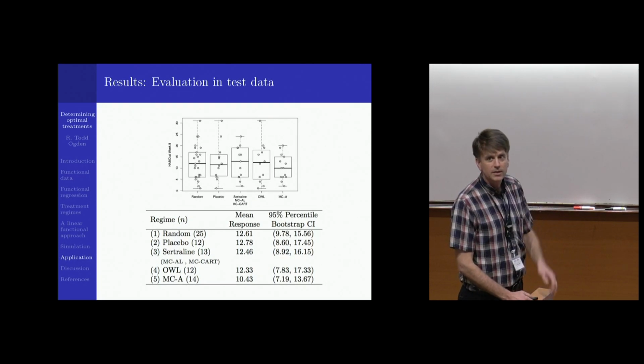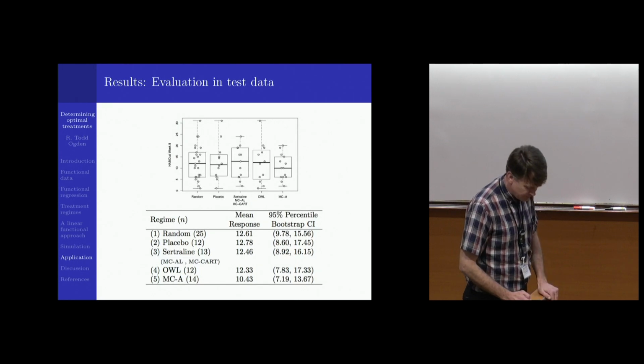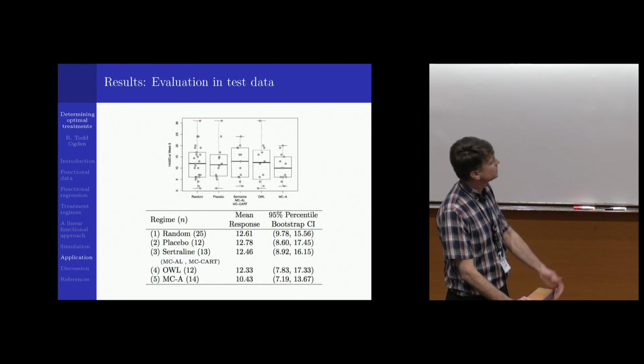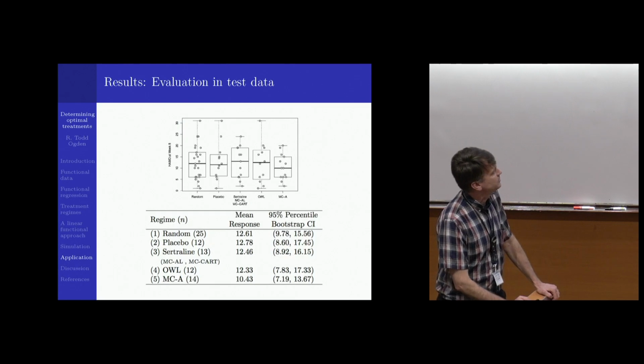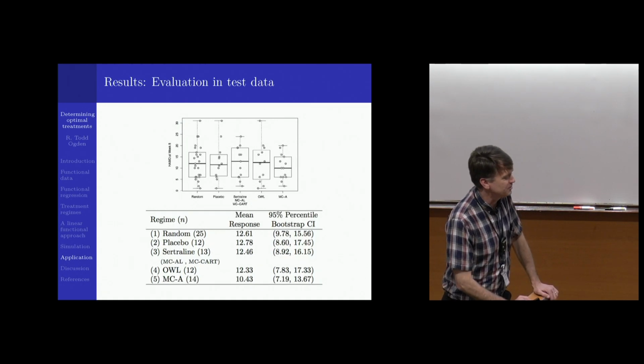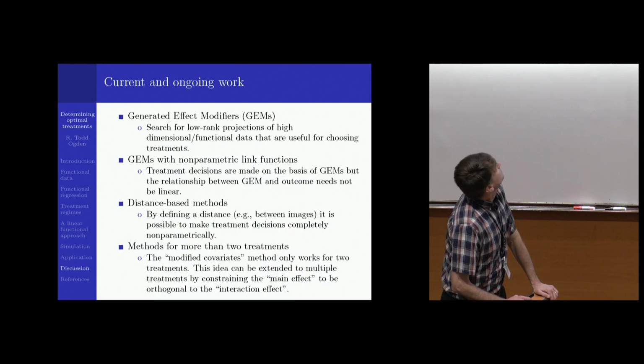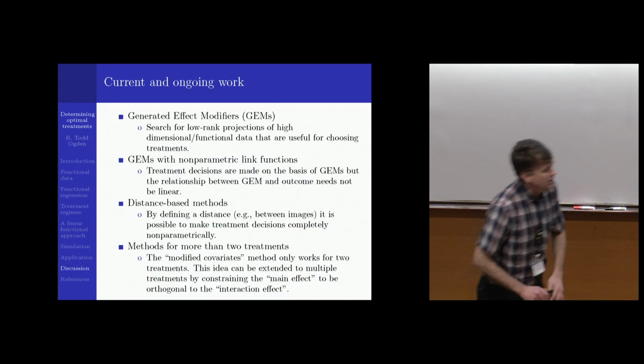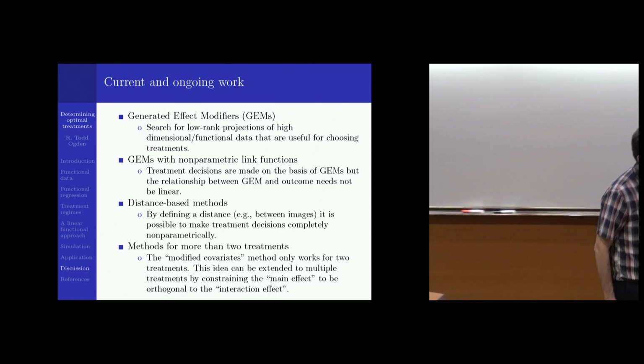Anyway, again, this is not to prove anything, but that it works. Depression's a tricky disease, and I don't know if we expected a whole lot out of this. Let me just make a few more comments about where we'd like to go next.